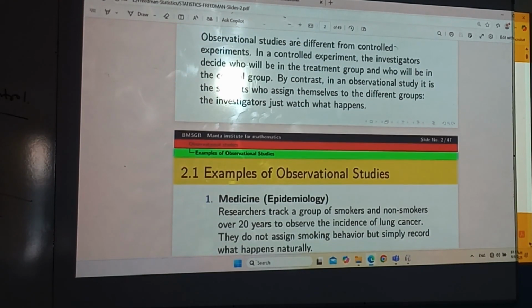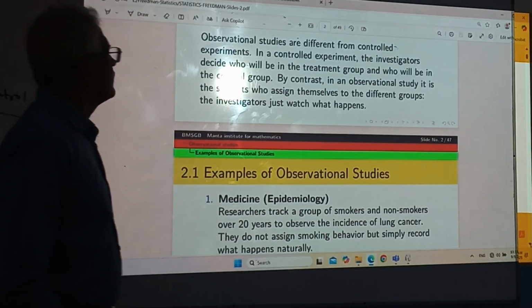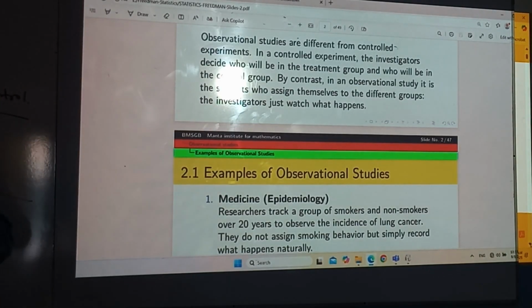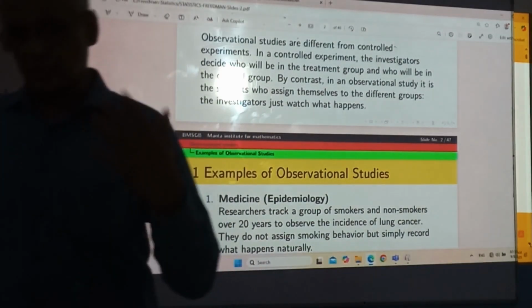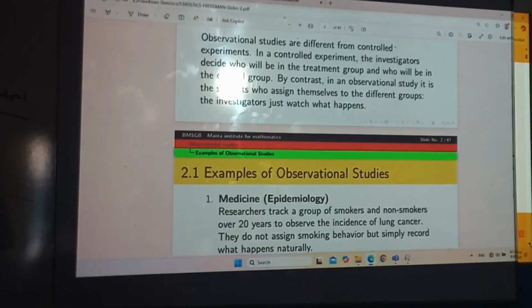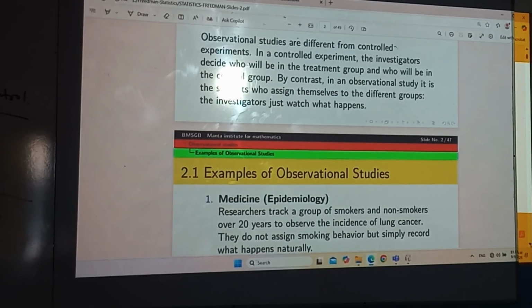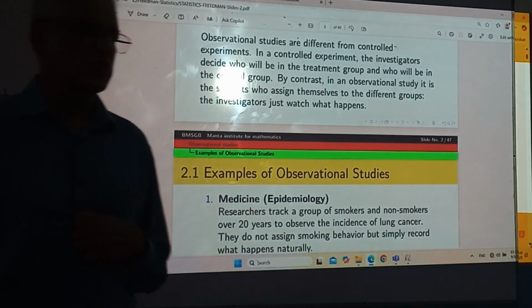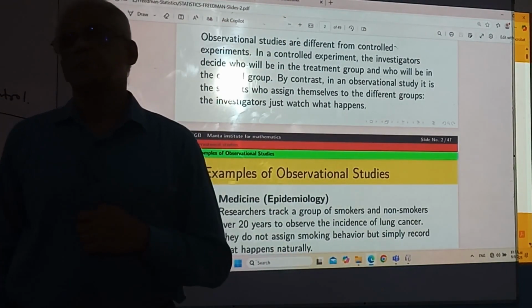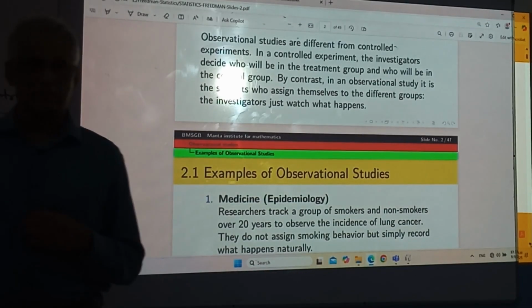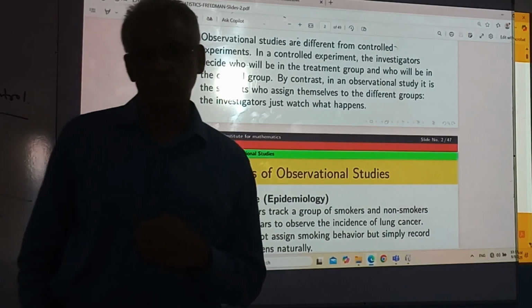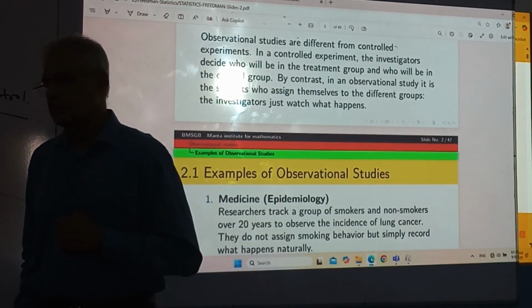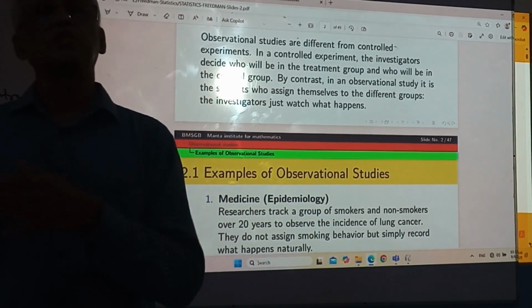So an observational study is different from a controlled experiment in the sense that who is going to get the treatment and who is going to get the control is controlled by the researcher in the experimental study. Here it is not like that. Right? This kind of study usually occurs in social science settings where we cannot control like that.